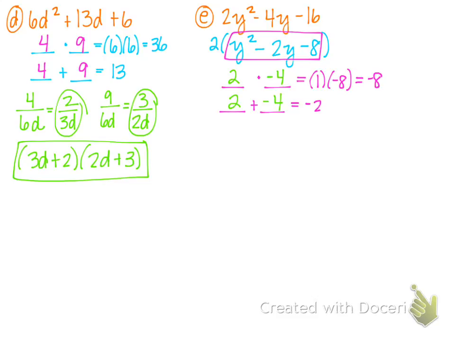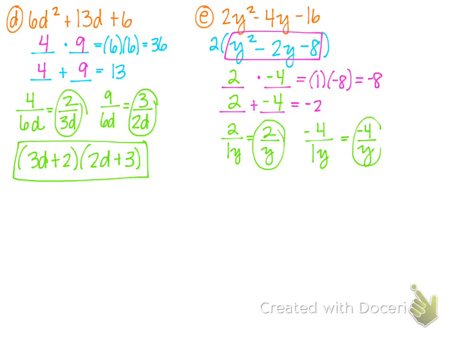So we're going to take what's in our blank. So we have 2 over a. Now remember we're using our a and the 1 in the box in our variable. So that's the same thing as 2 over y. So that's one of our terms. Then we take the other blank and you put it over a in our variable. So a is 1. Our variable is y. So we have negative 4 over y.